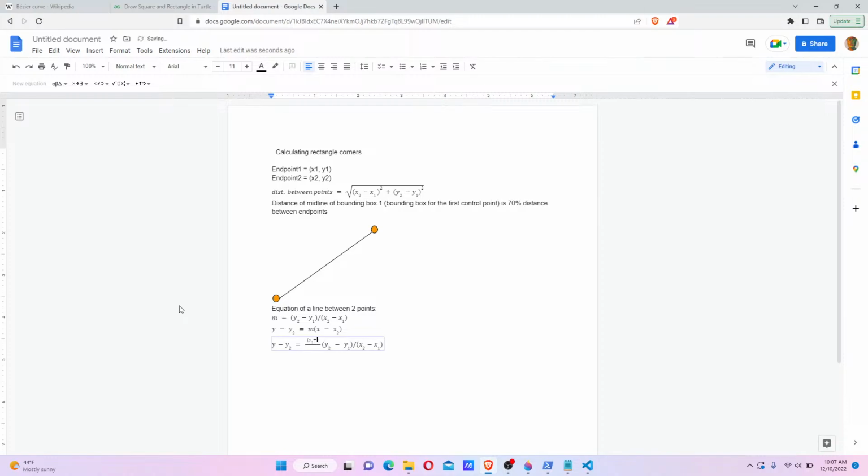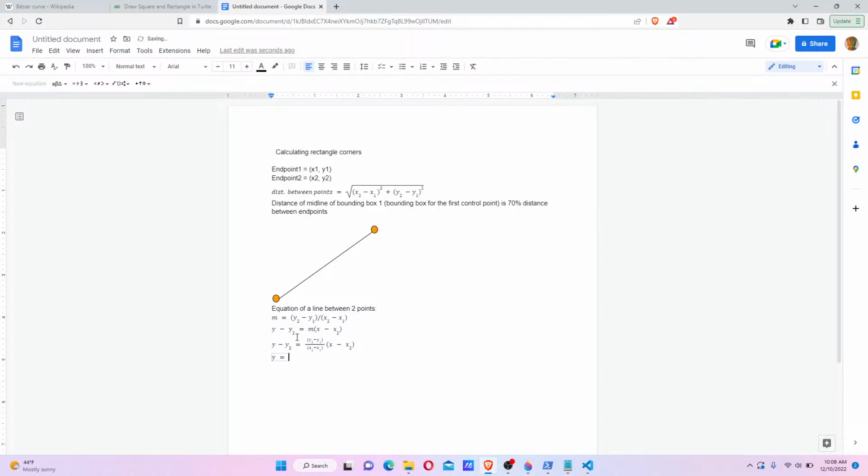So making it a fraction, y2 minus y1 over x2 minus x1, and then that whole thing times x minus x2. Okay, so you simplify and you get y, yeah, this is right.